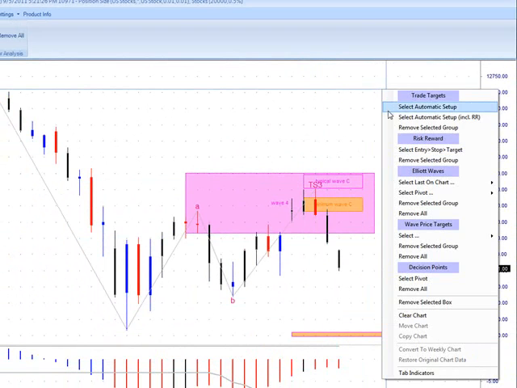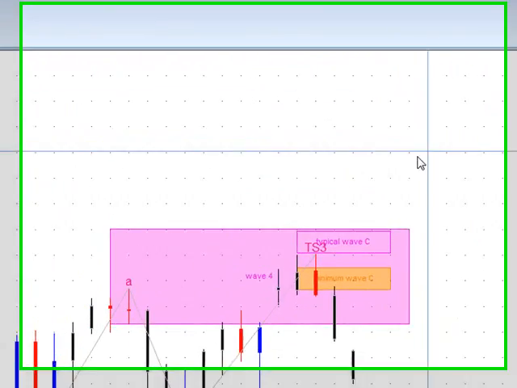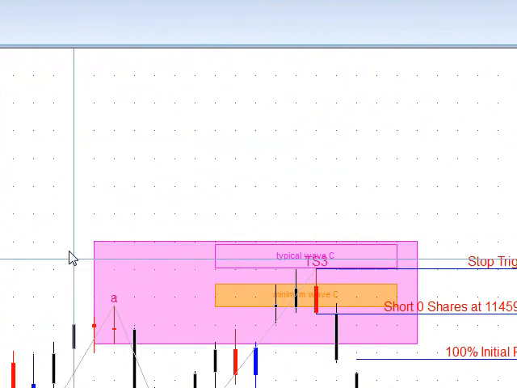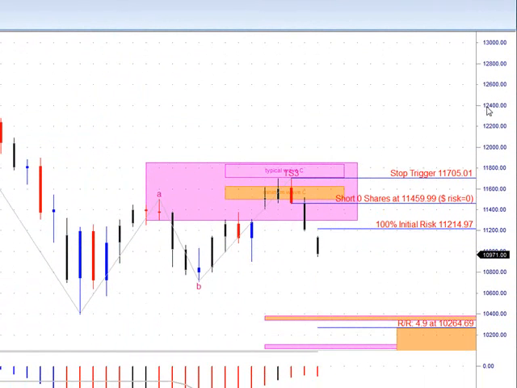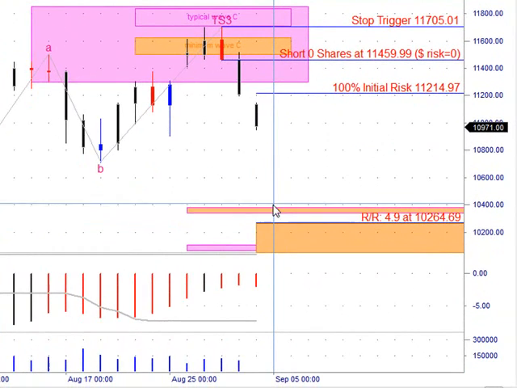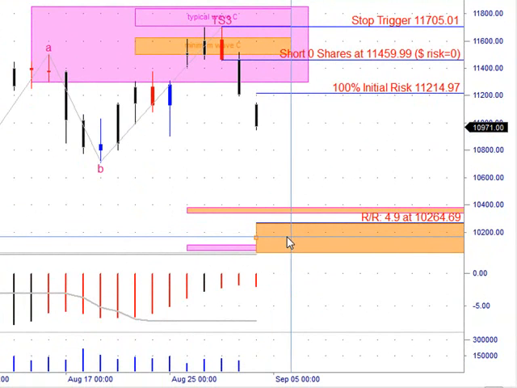We can put the analysis on here. One click. And let me pull this in a little bit because you can see the target is actually here. This first target is actually the wave 5 down, the wave 5 projection down. This is the wave C down.